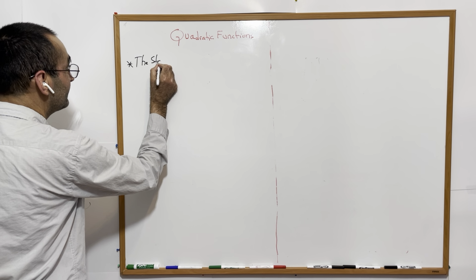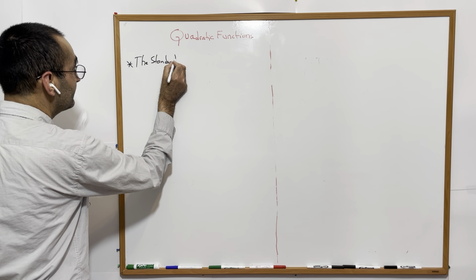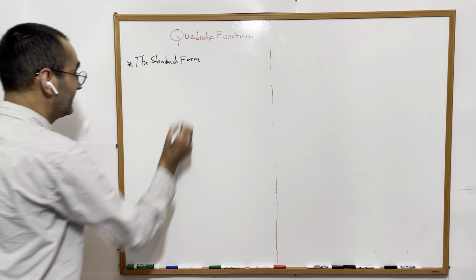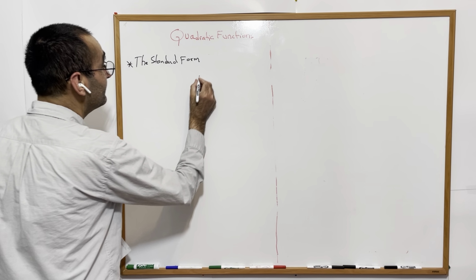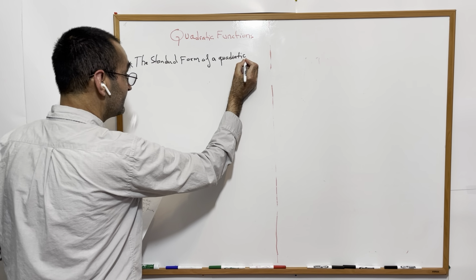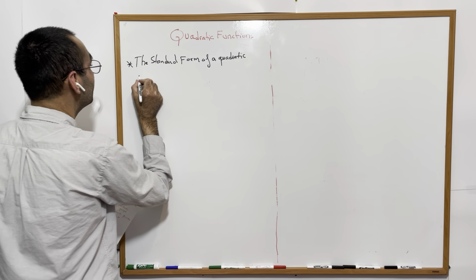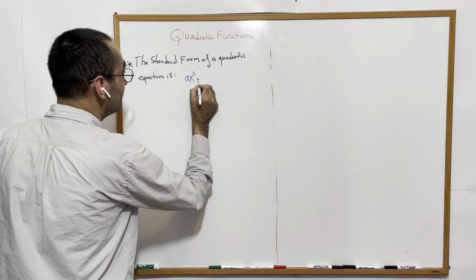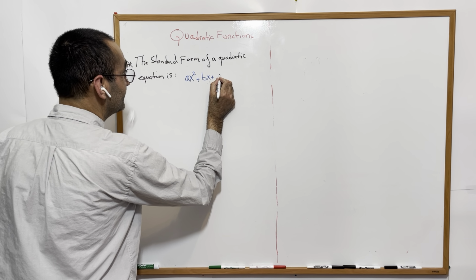The standard form of a quadratic equation is ax squared plus bx plus c.